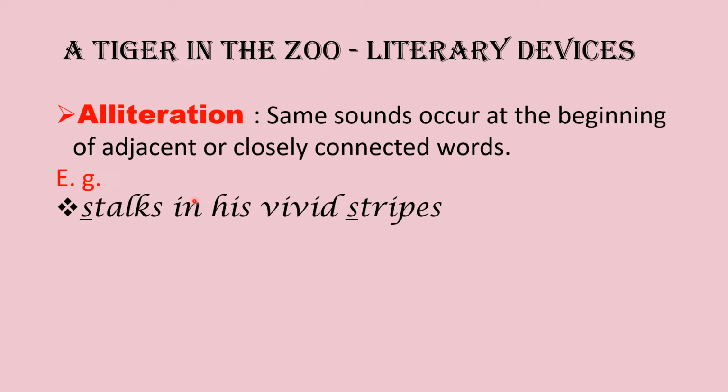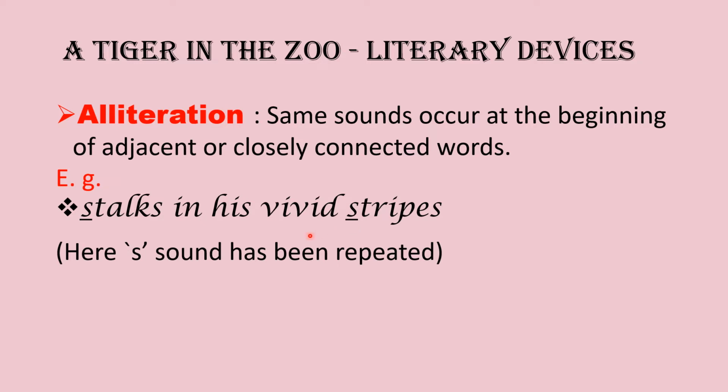The first example is "stalks in his vivid stripes." You can see in this sentence stalks has S underlined and stripes also has S underlined. That means in this sentence the S sound has been repeated, and that is alliteration.